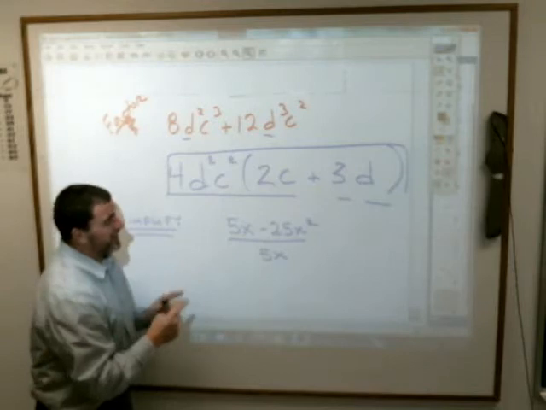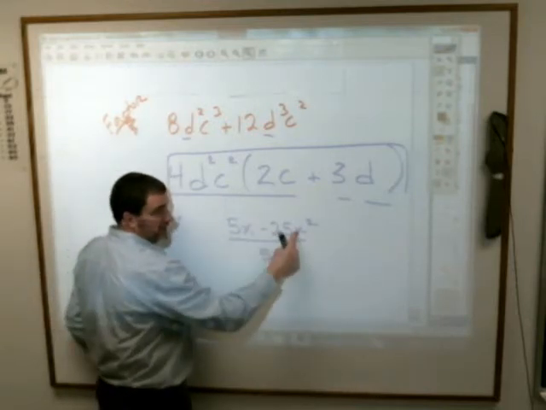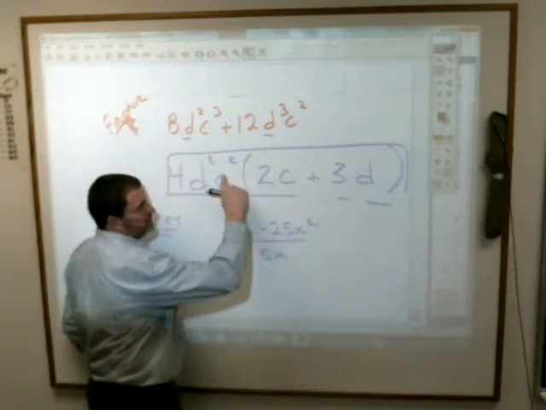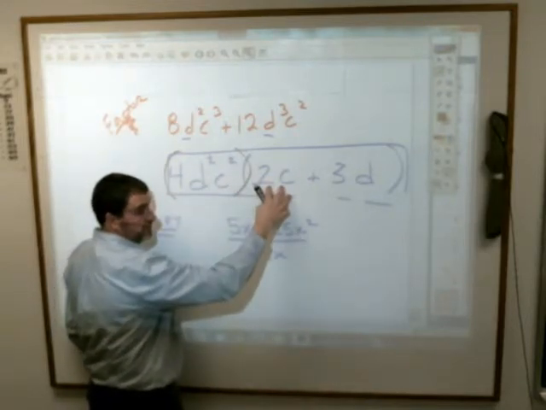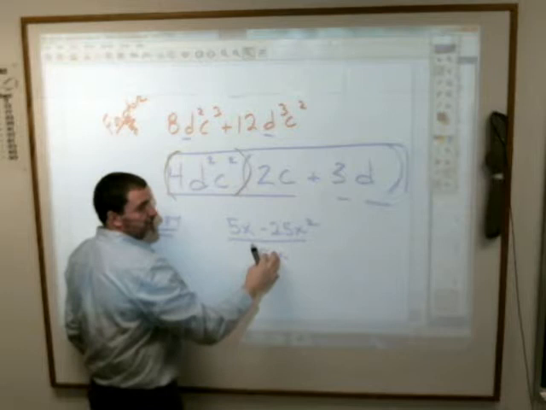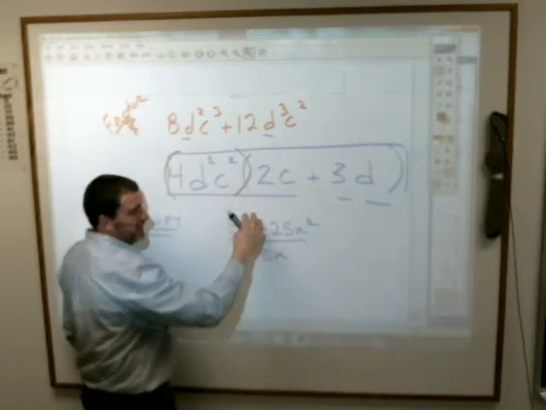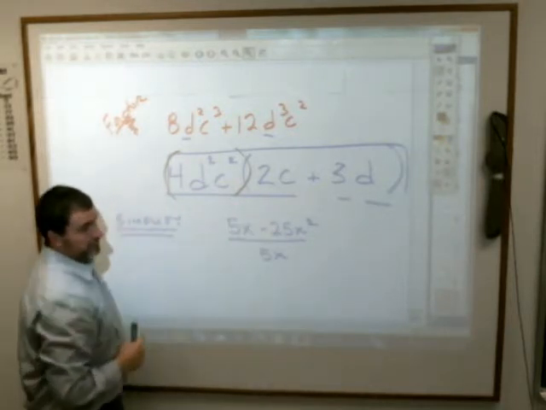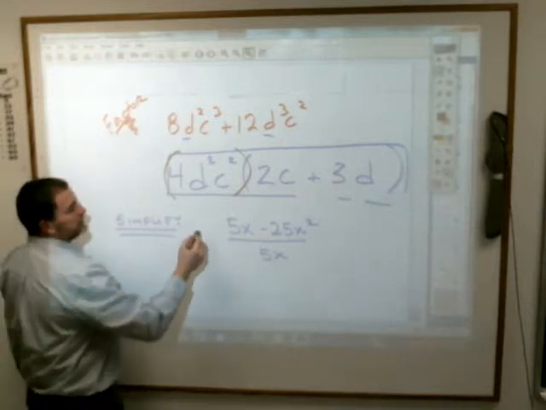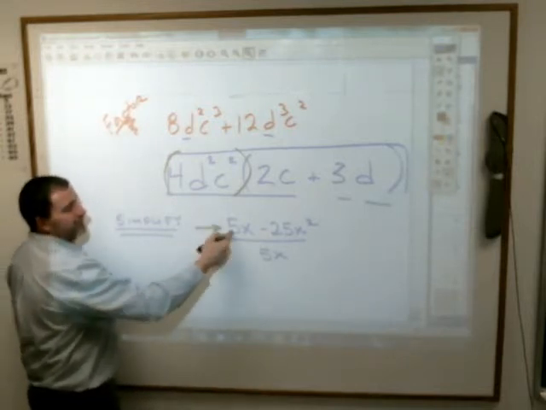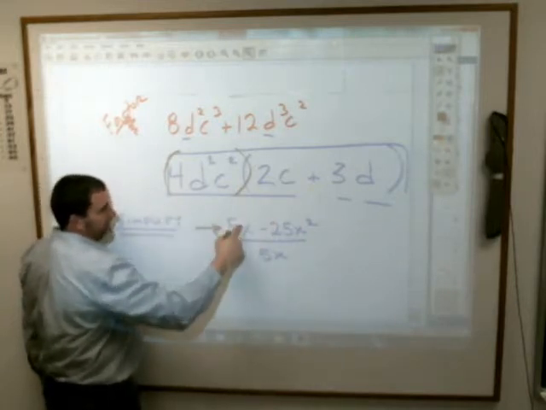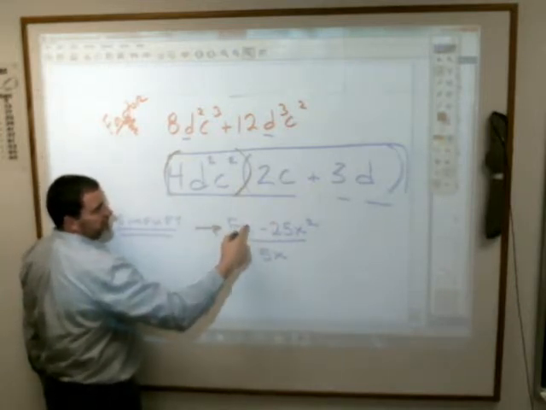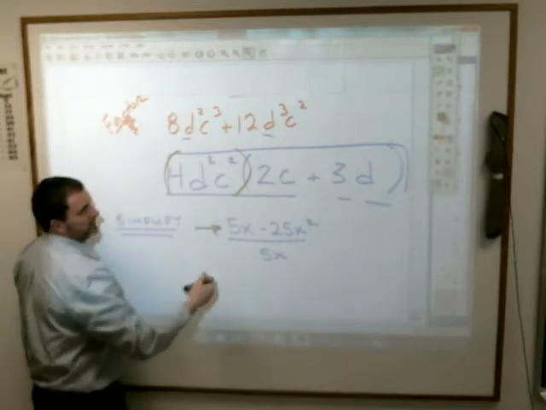But if you can make this top multiplication, and get a 5x up here as a factor, then you are allowed to cross it off. That's why you always look at your top and ask, can I factor this? Can I take out the greatest common factor, and will it cross off with something on the bottom? Let's look at it.